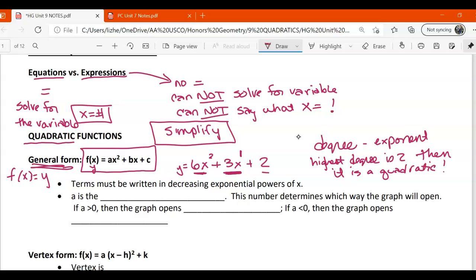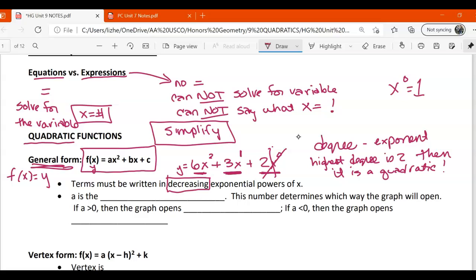And then this technically also has an x. It would be x to the 0. And we know that x to the 0, or anything to the 0, is 1. And so then we don't need to write that. We can cross it out. But it's 2. So we have x to the second power, x to the first power, x to the 0 power. That is what it means by decreasing exponential powers.